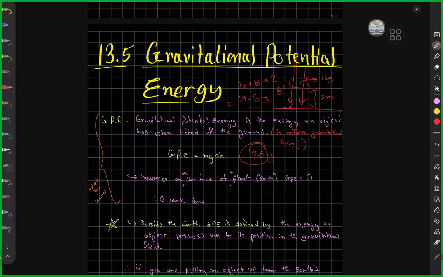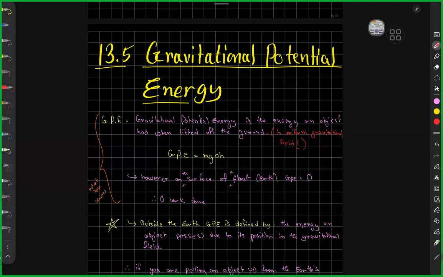This is the gain of energy, but this is not the innate energy of the object in this position. You can't just say that the GPE of the object is 19.6. That is wrong, and you will learn why. You can say my box gained 19.6 joules of energy as I lifted it up. You can say it's a gain, but you can't say that that is the energy of the object.